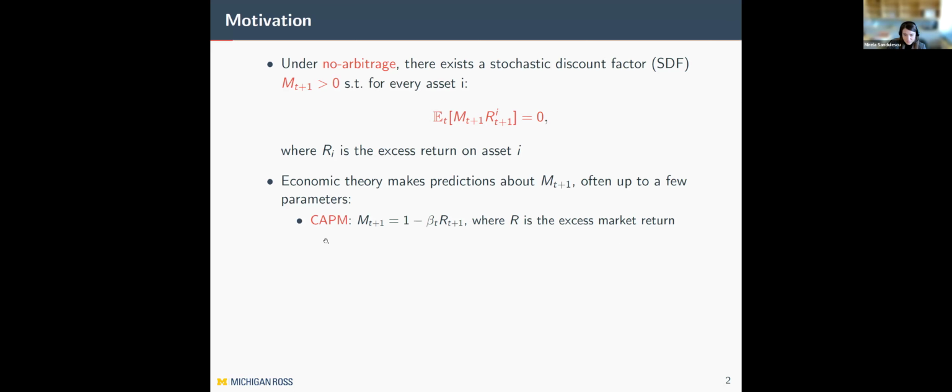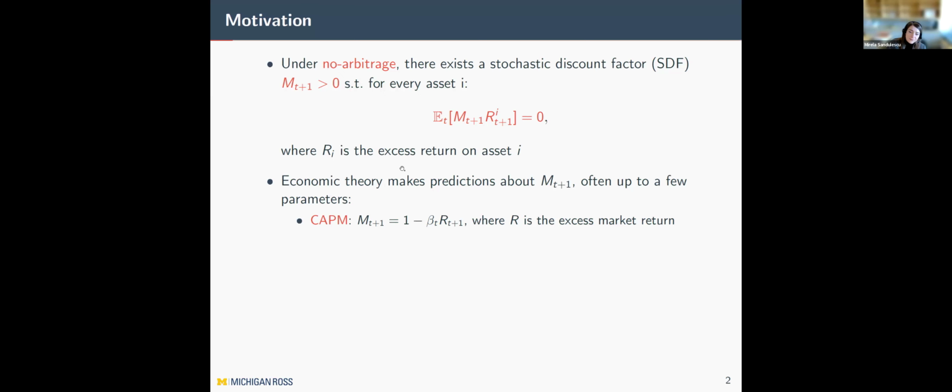Now, what might be some issues that could arise in linear models? Well, let's assume that we fix, for simplicity, the mean of the stochastic discount factor to be equal to 1. You could see that unless one imposes some strict restrictions on these parameters, linear models are not always going to satisfy the no arbitrage restriction.